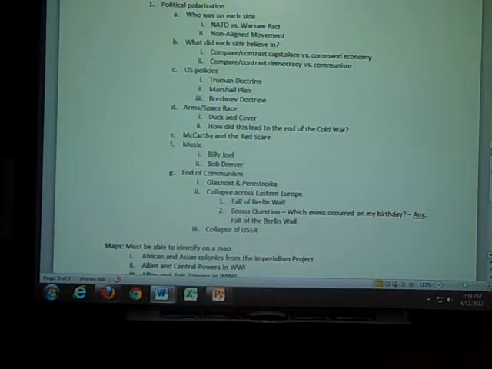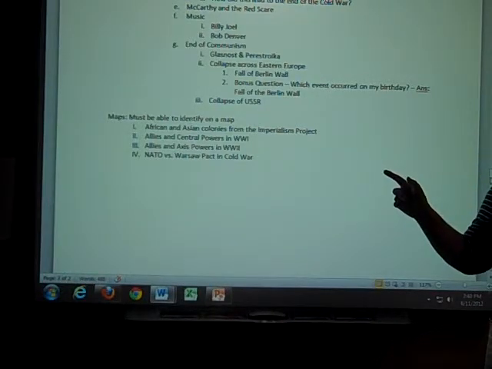But anyway, in terms of the maps, I decided not to put the African and Asian colonies on maps. However, I reserve the right to have the Allies and Central Powers, Allies and Axis Powers, and NATO and Warsaw on maps, where you have to identify either which country is part of which group, or I might put in a wrong country and you have to identify what's the wrong country.